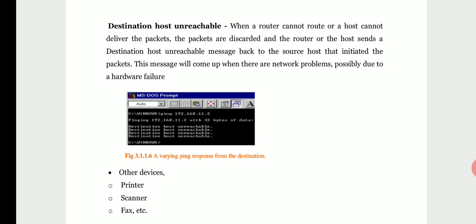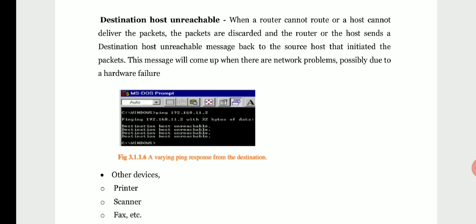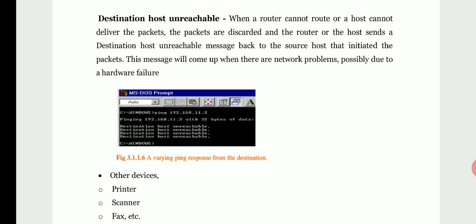And destination host unreachable. When a router cannot route or a host cannot deliver, the packets are discarded, and the router or the host sends a destination host unreachable message back to the source host that initiated the packets.